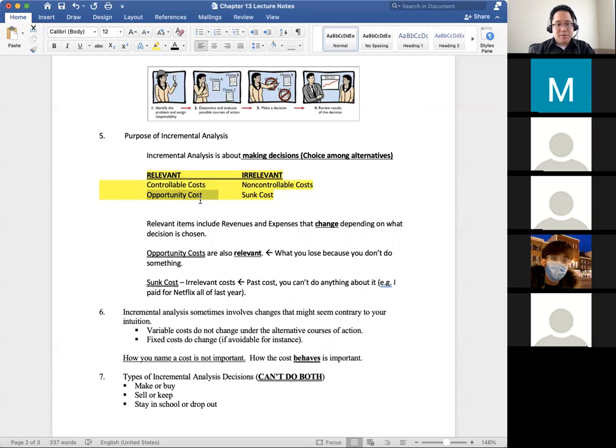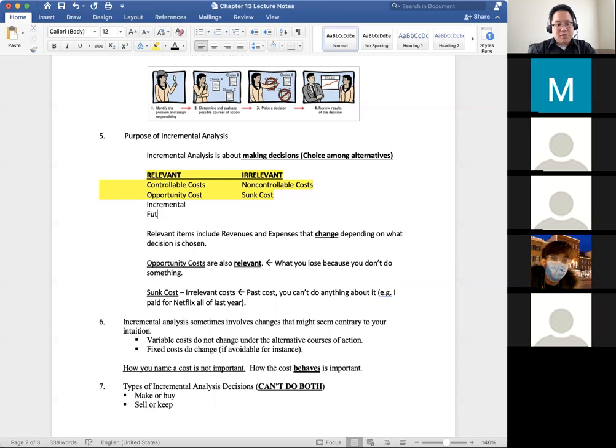Opportunity costs, we can also say they are incremental costs. They tend to be future costs. Irrelevant costs are non-incremental. Incremental means it changes. Past costs are irrelevant.